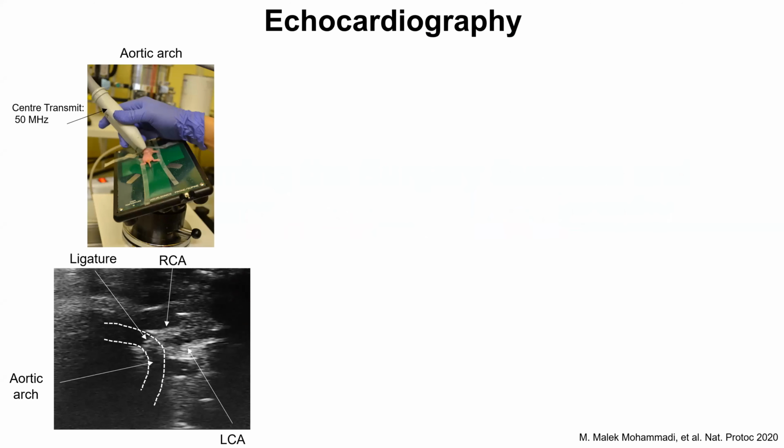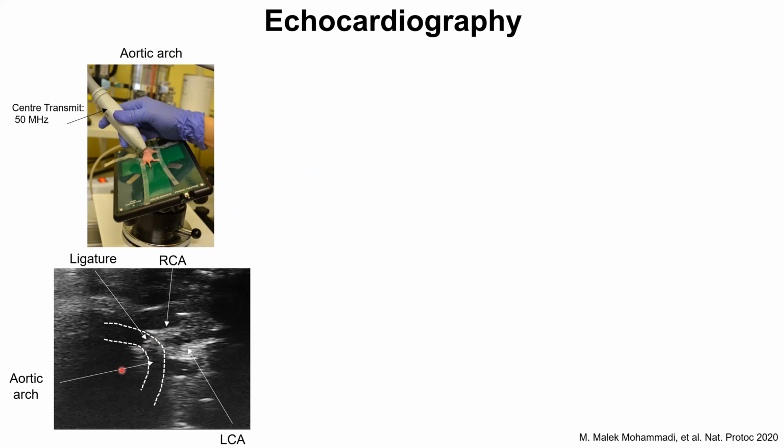You can place the pup on the pre-warmed heating plate of the ultrasound device, and you need to use a proper ultrasound device with an appropriate transducer, which has a central transmission of 50 megahertz. And in this position, you can visualize your aortic arch and whether your suture is still there or is located in a proper place.